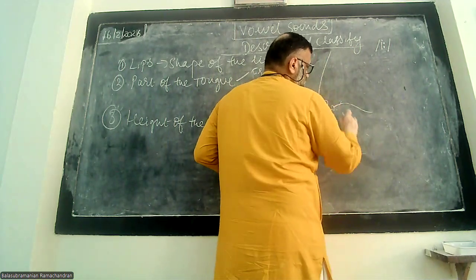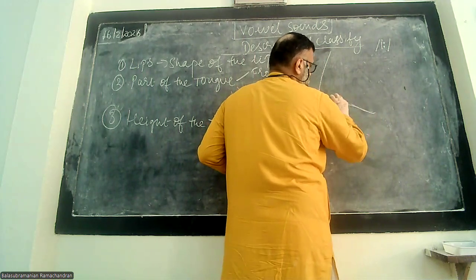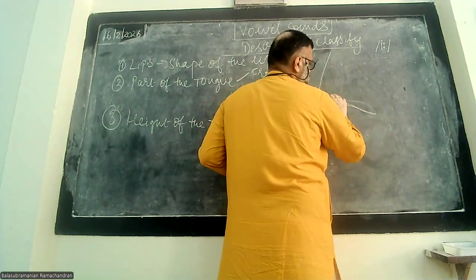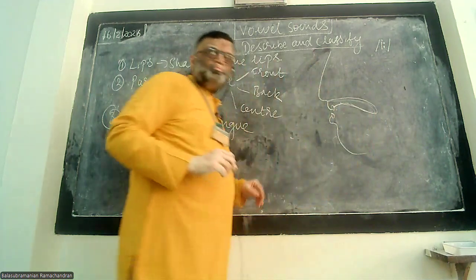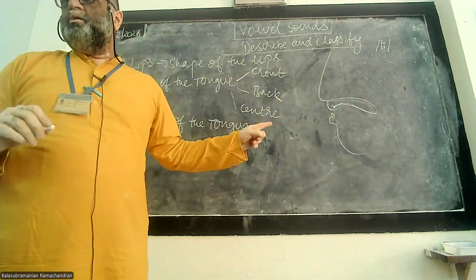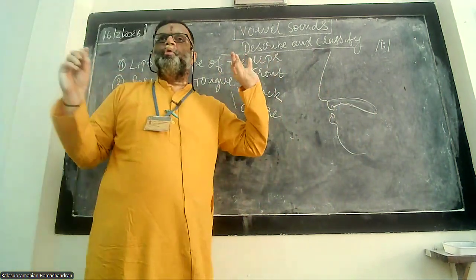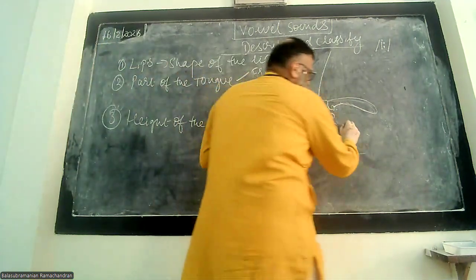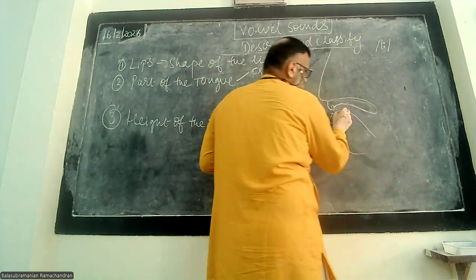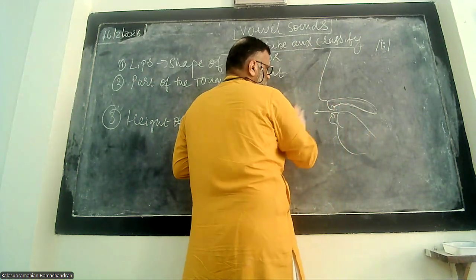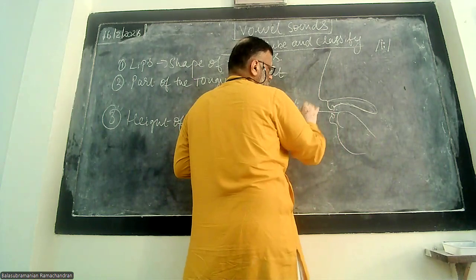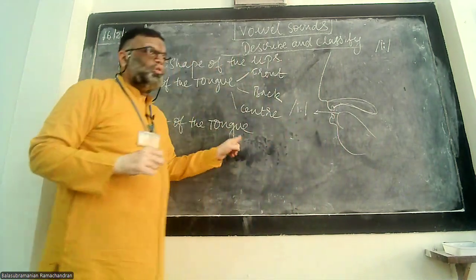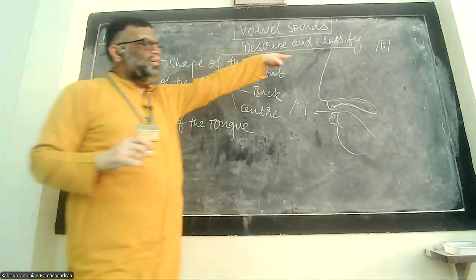I am drawing the picture. The front part of the tongue moves towards the roof of the mouth and we produce the sound E. So this is for E. Now, how will you call the height?